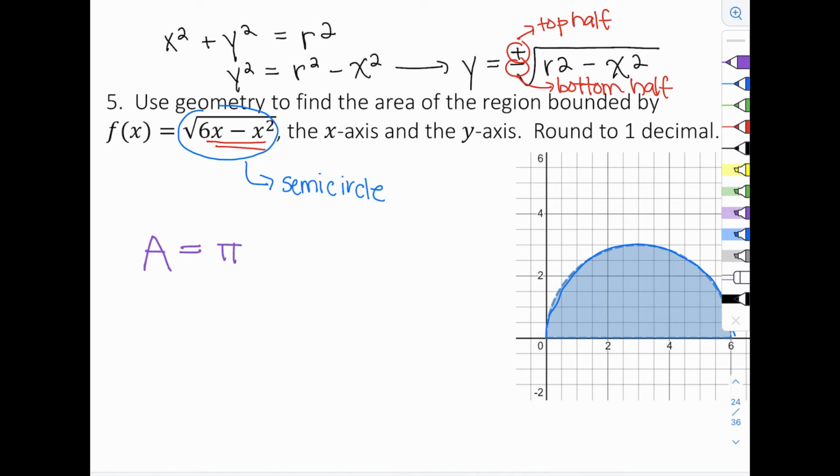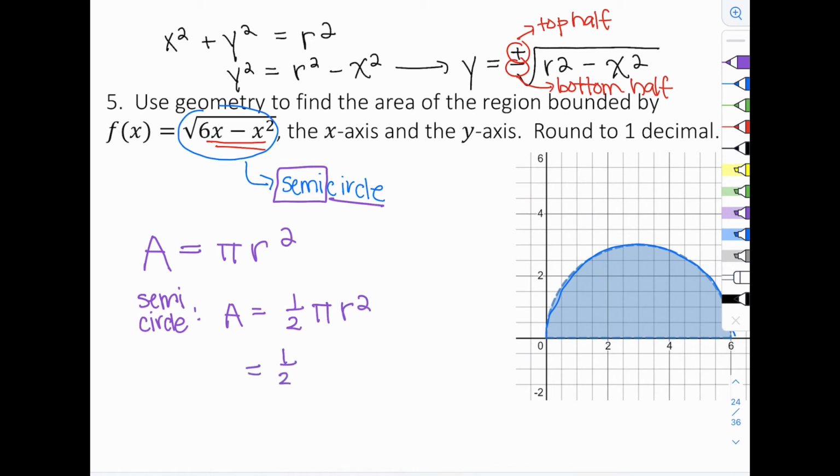The area of a circle is pi r squared. That would be the area for the entire circle. If we just want half of the circle, we multiply that by 1/2. So for a semicircle, the area would be 1/2 pi r squared.